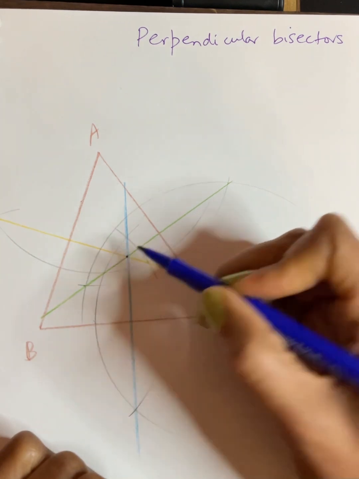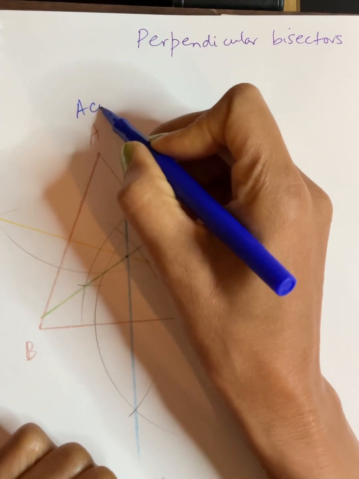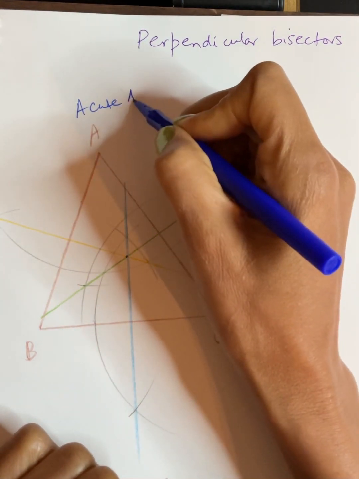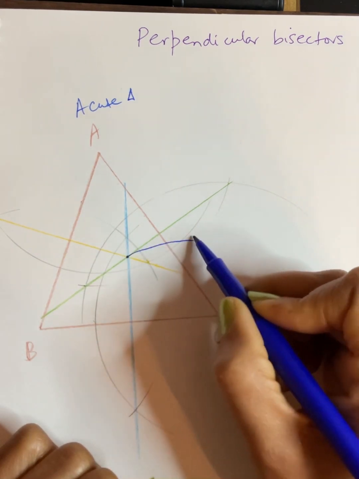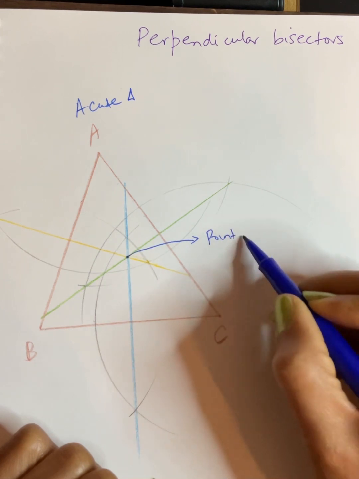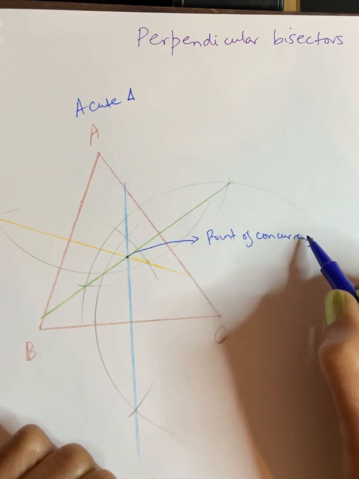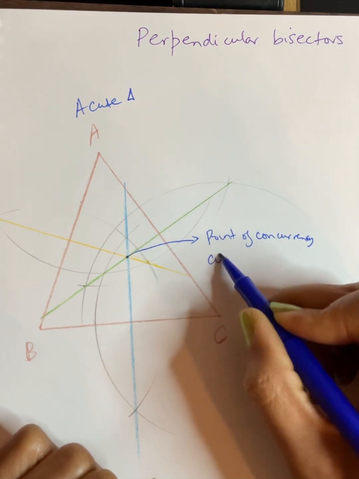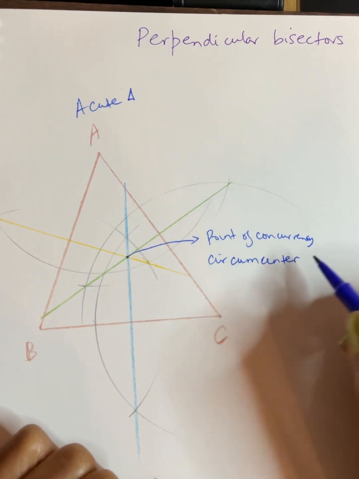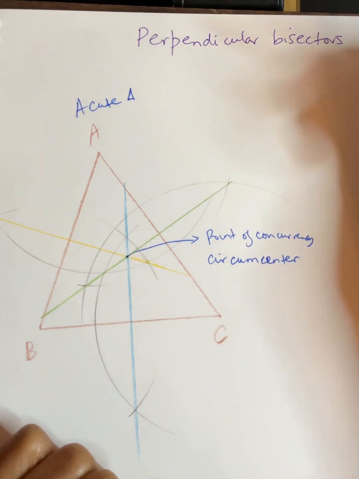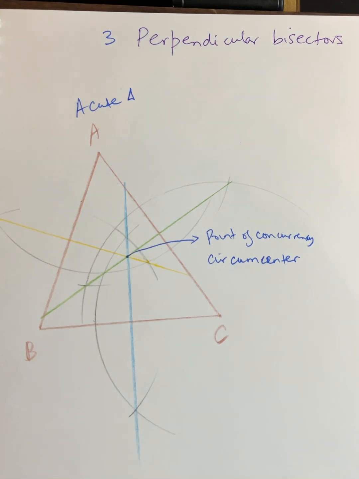Now, what you'll notice is that all three lines meet inside the triangle, and this is an acute triangle. And we call this the point of concurrency, which is also known as the circumcenter. The circumcenter is where the three perpendicular bisectors of a triangle meet.